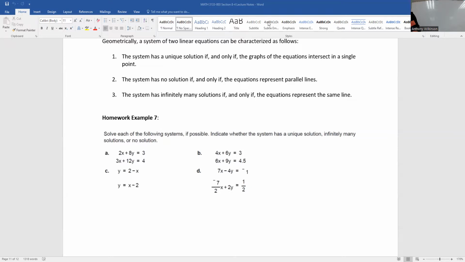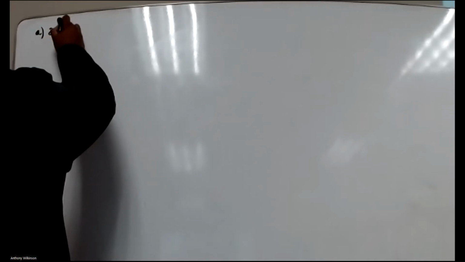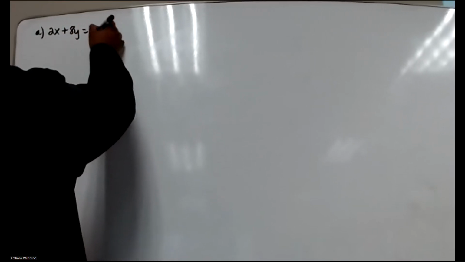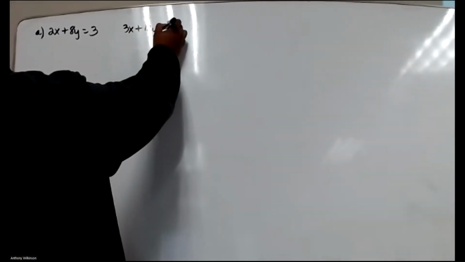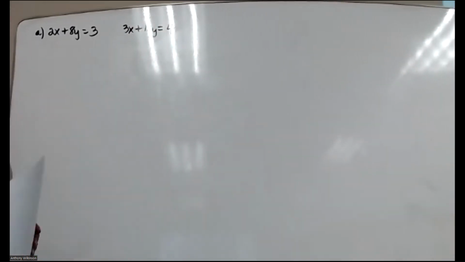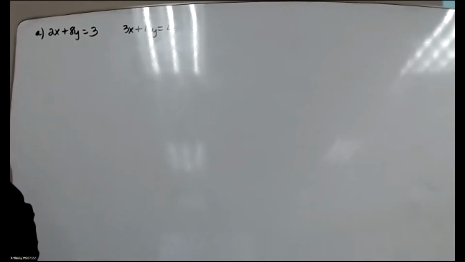So in part A, we've got 2x plus 8y is equal to 3, and 3x plus 12y is equal to 4. And here I want to determine whether this system has a unique solution, no solution, or infinitely many solutions. So each one of these we're going to solve for y and identify the slope to see what's going on.